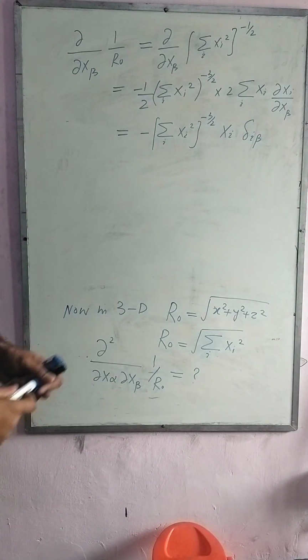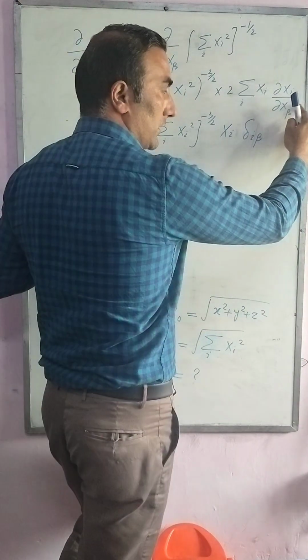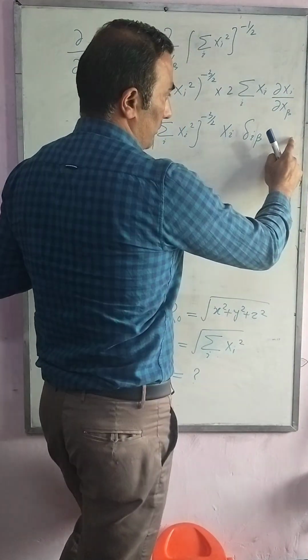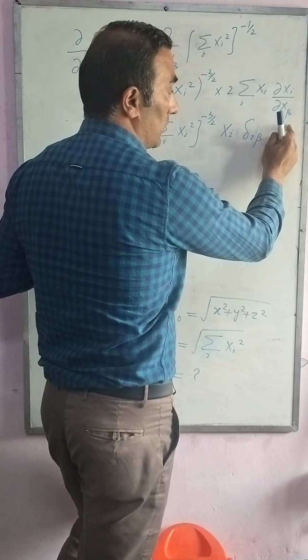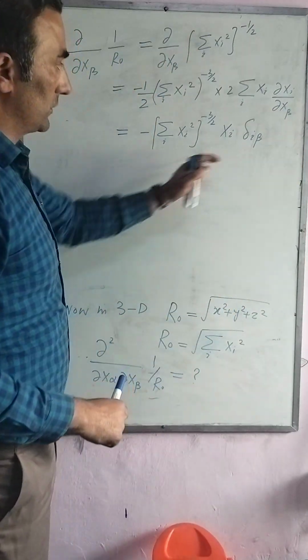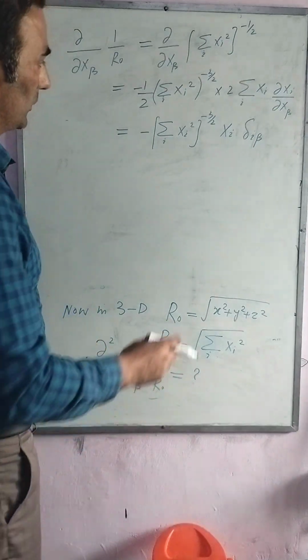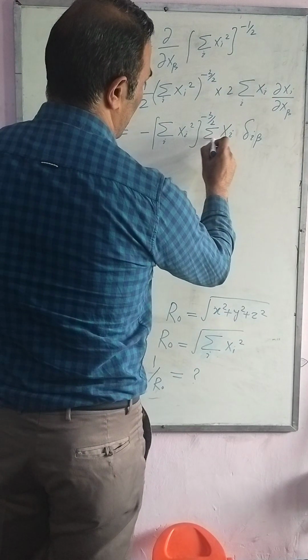Right, because this term will be I beta, because if I equals beta that is partial x by partial x, right? Because we don't know whether it is with respect to beta, if beta equal to I, so we can write this derivative in terms of the delta function. So this will be delta I beta. Right. Now this is our summation over I.